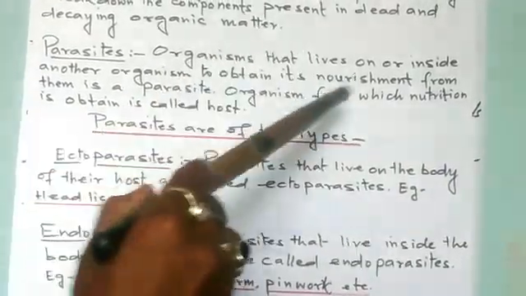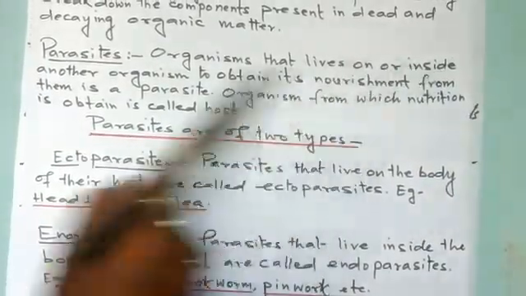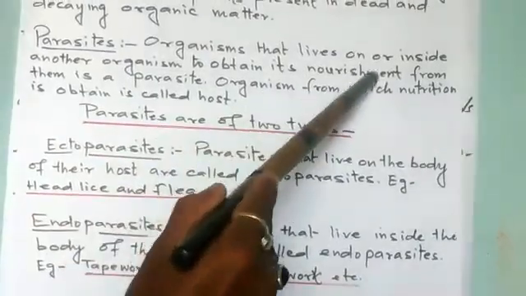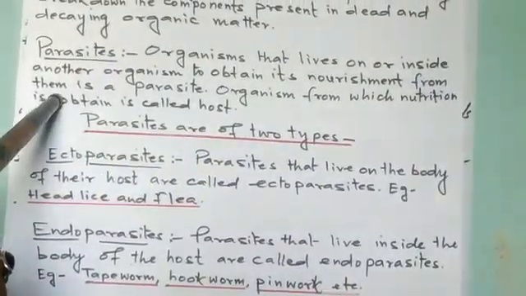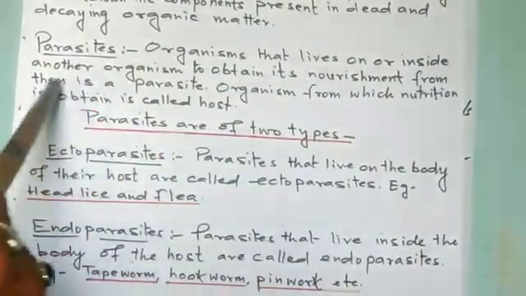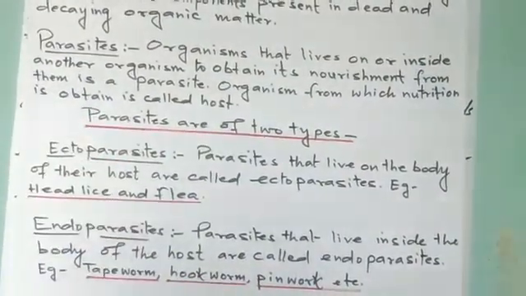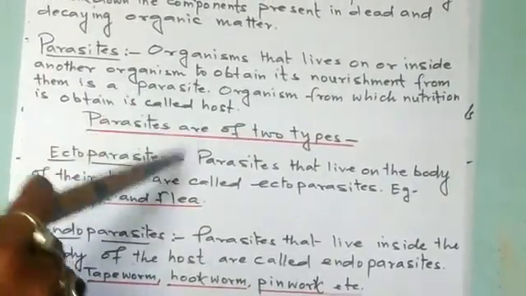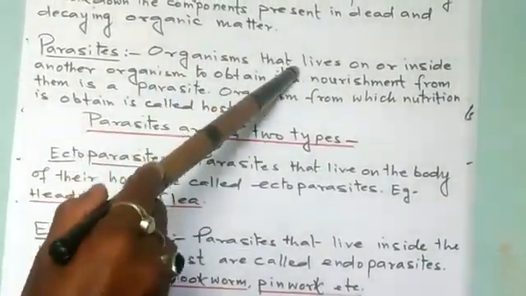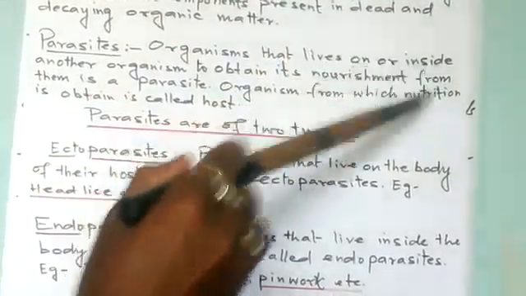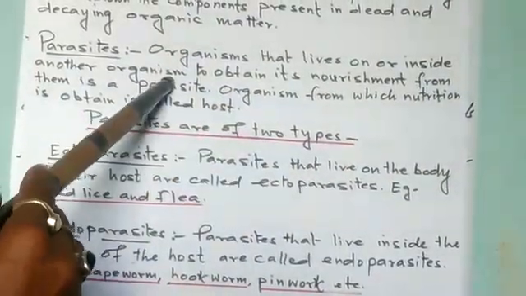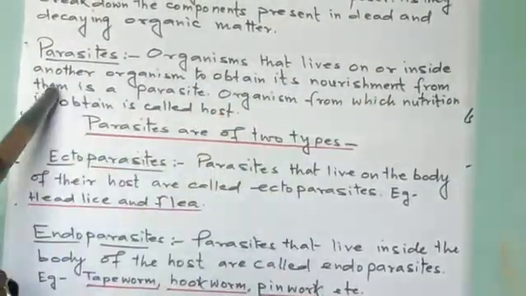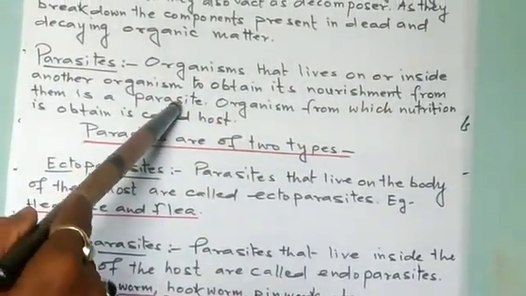Organisms that live on or inside another organism to obtain their nourishment from them, which means to obtain their food from them. So they are known as parasites.